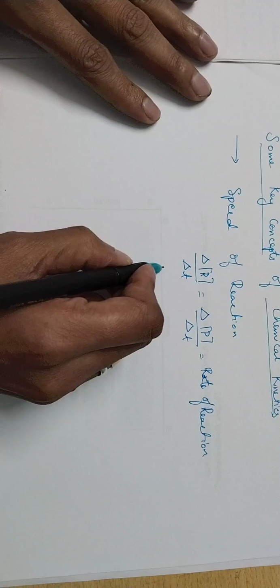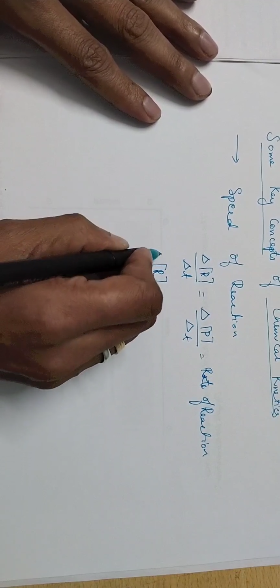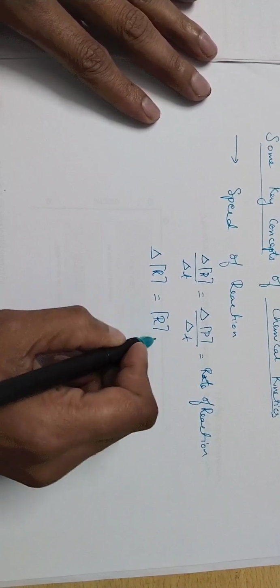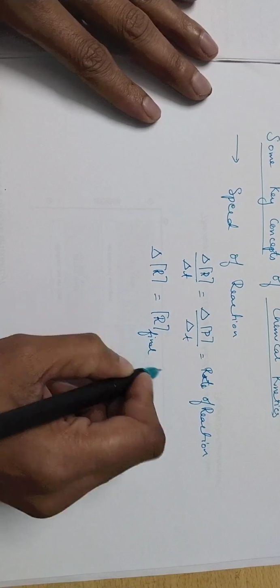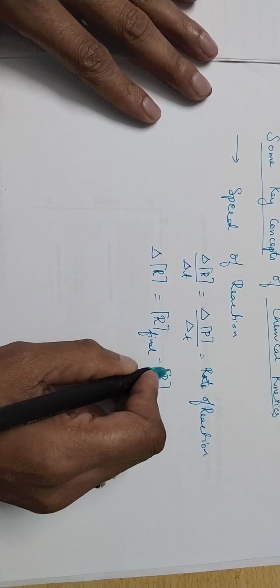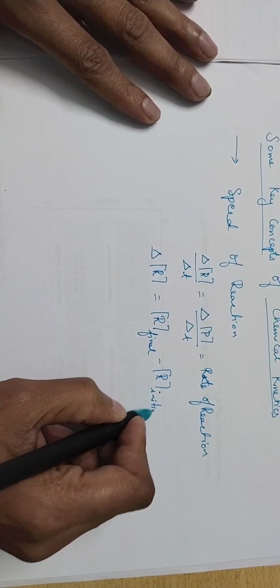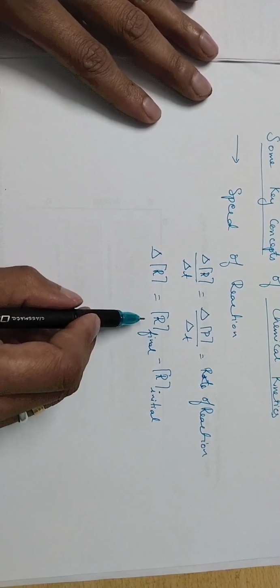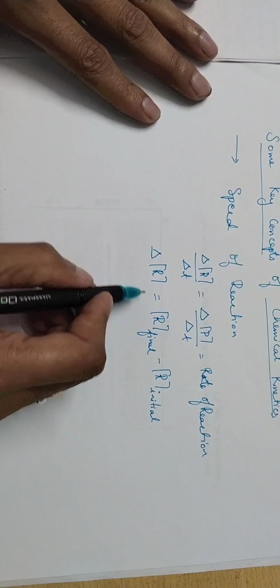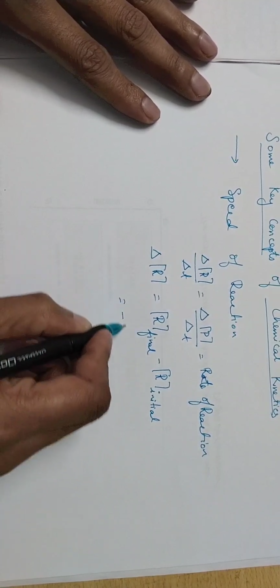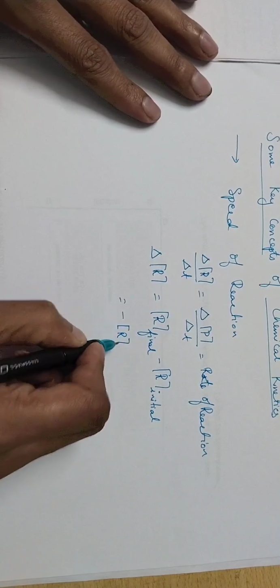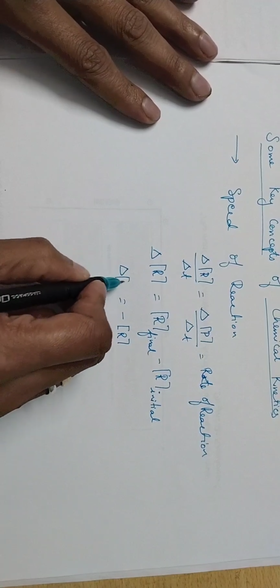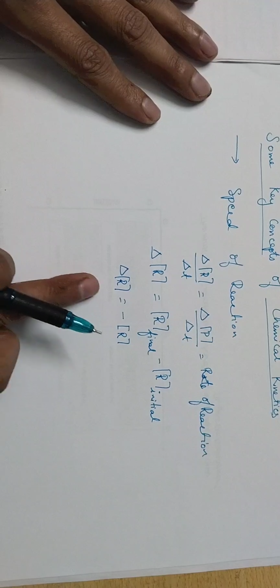Here the change in concentration of reactants is the concentration of reactants final minus the concentration of reactants initial. For any reaction, the initial concentration of reactants will be higher compared to the final concentration of reactants, which makes this negative. So ultimately we are going to get a negative value for the change in the concentration of reactants.